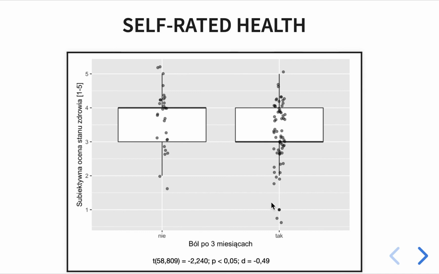The group that was feeling pain had significantly lower self-rated health, which is on the vertical axis, than the group who did not.